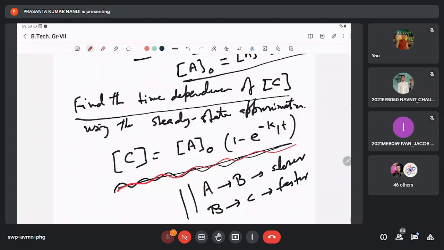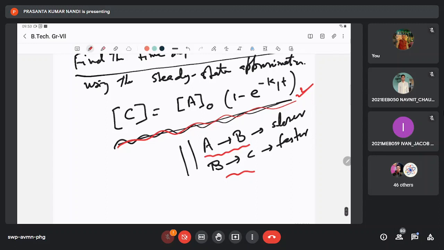Now, this is nothing but, in a rigorous derivation, if we approximate like that, case 1, where the first step is slower compared to the second step, then only can we get this expression, right?